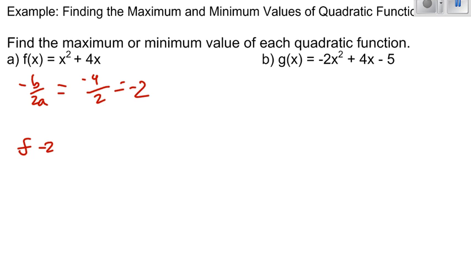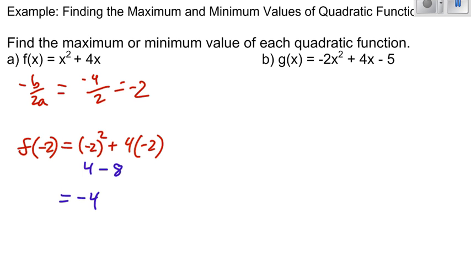So our extreme value is going to be f of negative 2, which is going to be negative 2 squared plus 4 times negative 2. Simplify that. That becomes 4 minus 8, which is negative 4. So f of negative 2 equals negative 4 is our extreme value. Since a is positive, that means it's going to be a minimum.